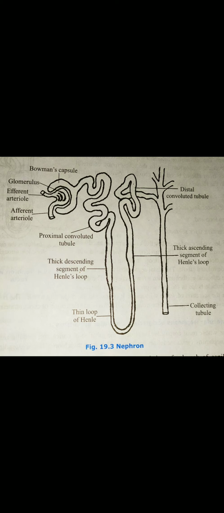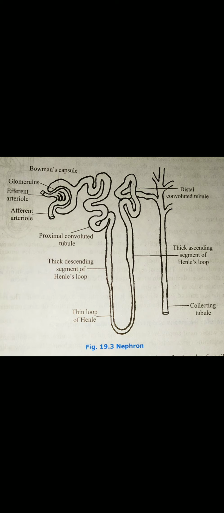We had studied that the main function of kidney is to remove the nitrogenous waste and other extra wastes from the blood. So the excretory system present in our body helps in removing or eliminating unwanted substances, mainly the nitrogenous waste from our body, and this function is performed by the kidney.